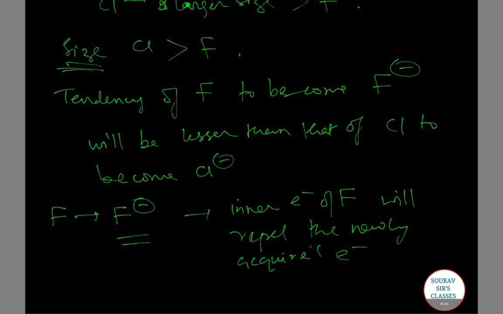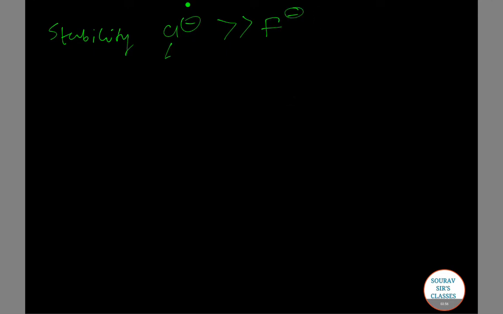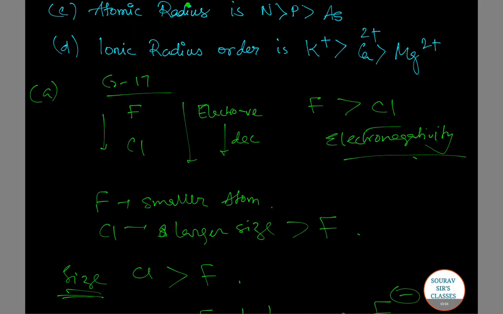As a result, F minus will be much less stable. That is, the stability of Cl minus will be much greater than that of F minus, owing to the greater size of Cl or the lesser size of F, whichever way you can say.